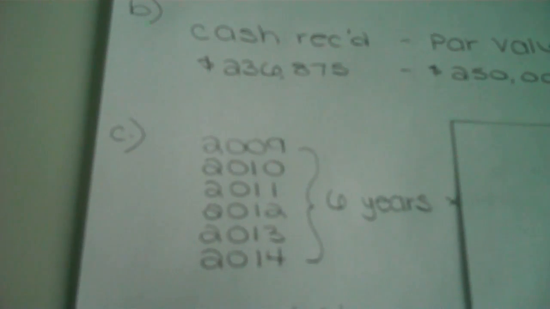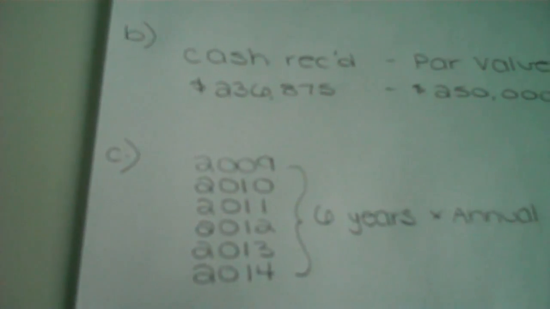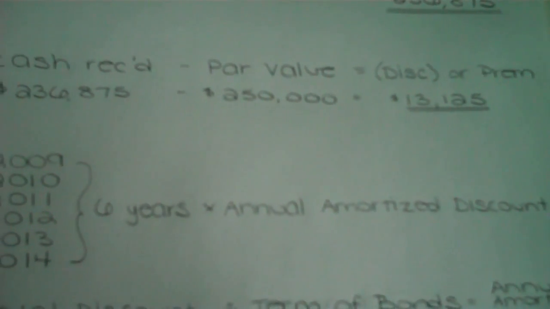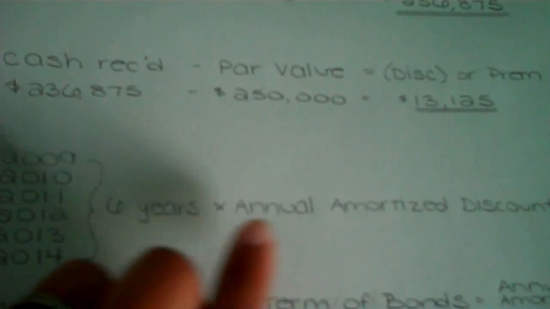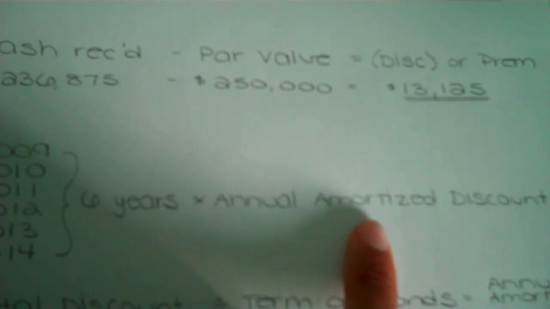6 years. To figure out the total amortization for those years, you will take the 6 years and multiply it by the annual amortized discount amount. So the 6 years times the annual amortized discount. That's what we're going to need to figure out.